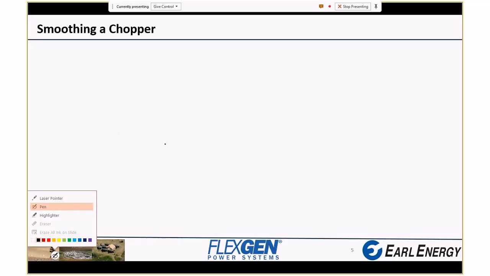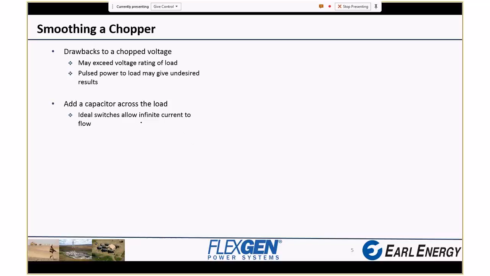Okay, so let's try that first. So we know a capacitor is a device that resists a change in voltage when a current is applied, like we said earlier.